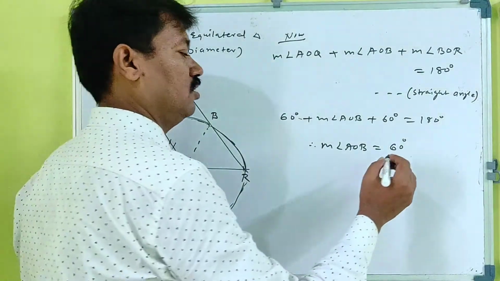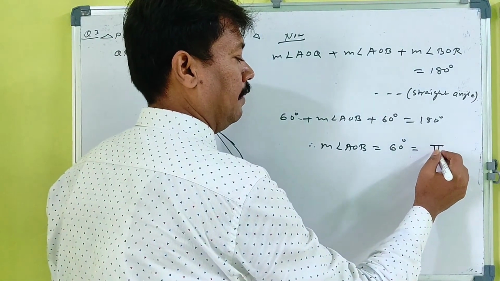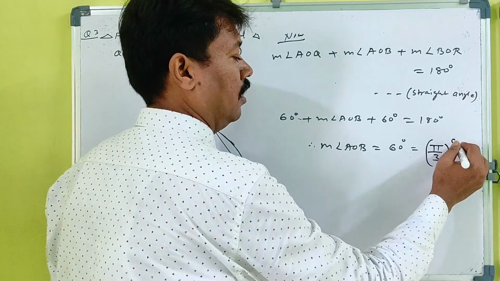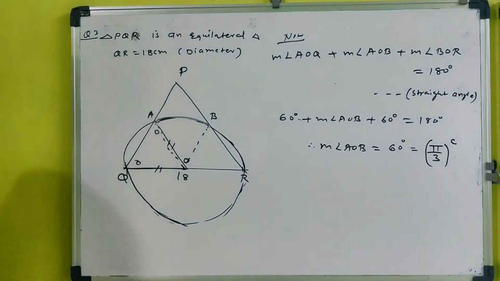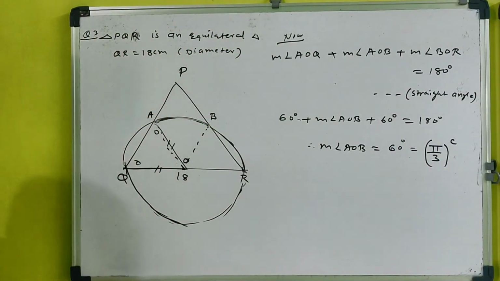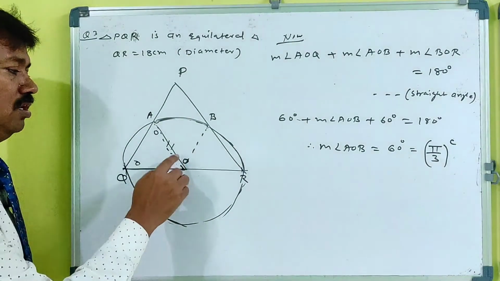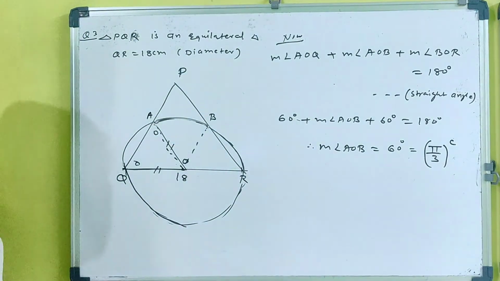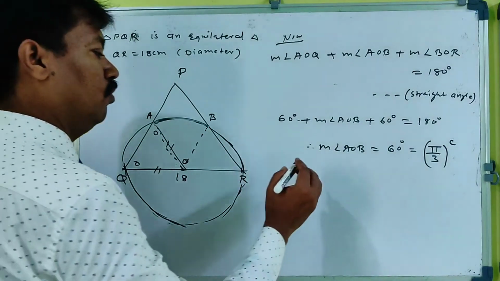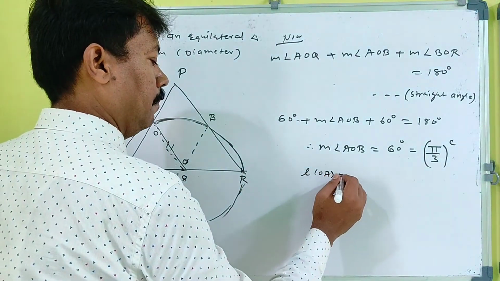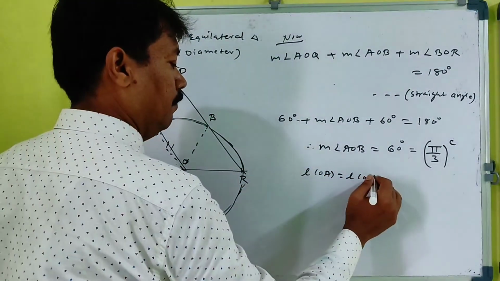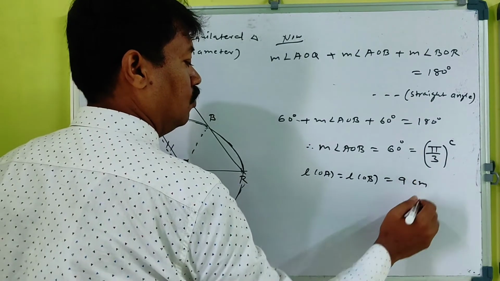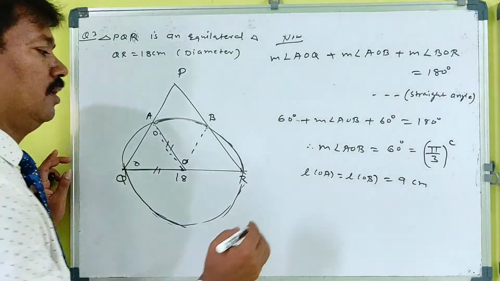And you convert this into the radian, so that is nothing but pi by 3 in radian. 60 degree को pi by 3 radian में हो जाएगा. Now that is nothing but the center angle we got. The radius we know as 9 centimeter. Length of OA is equal to length of OB is already known to you as 9 centimeter.